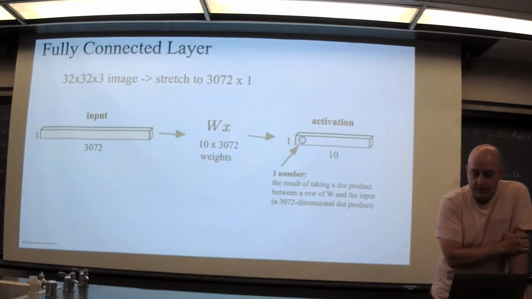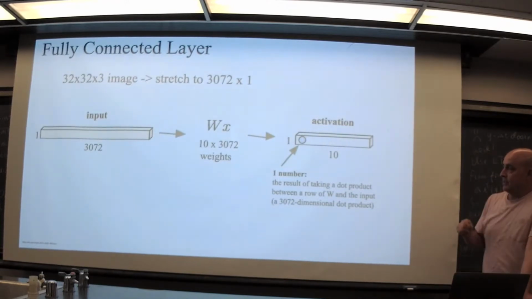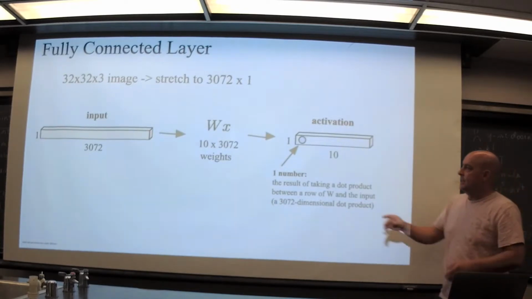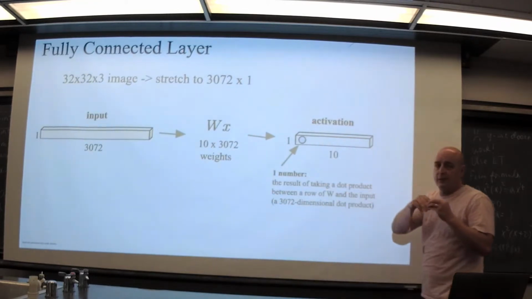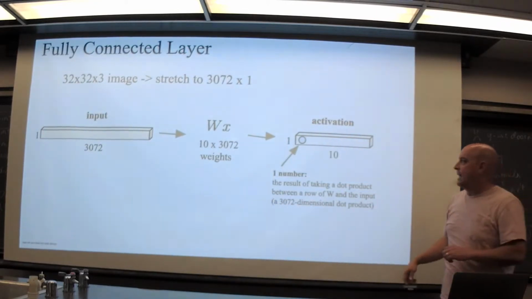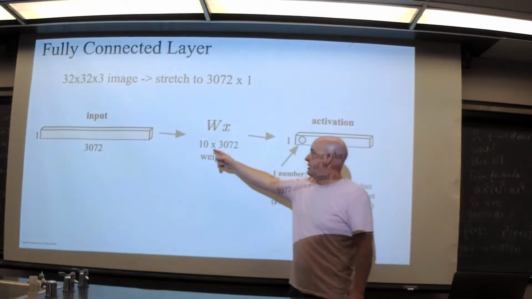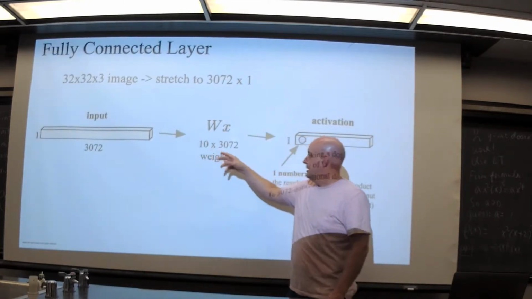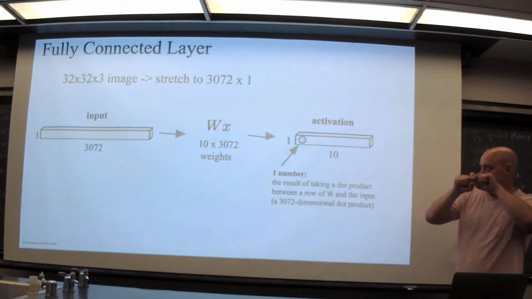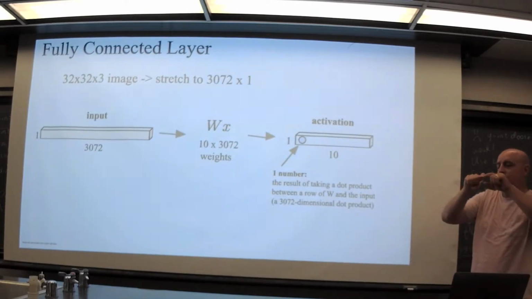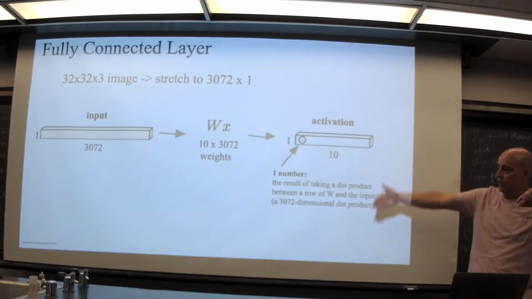One way to think about this, which is important as we start looking at convolutional layers, is that each one of these rows is acting like a filter for that class. The dot product of each row tells you how aligned the image is with that class representative vector in the weights.